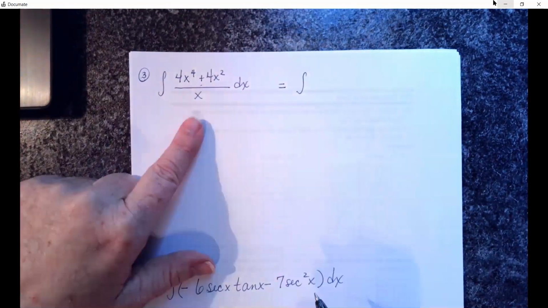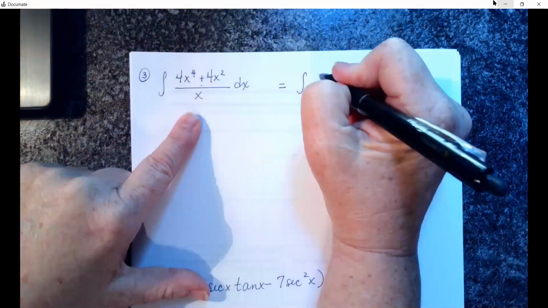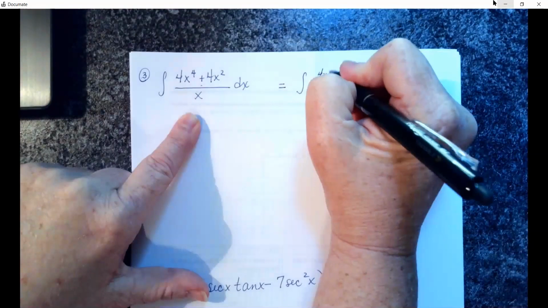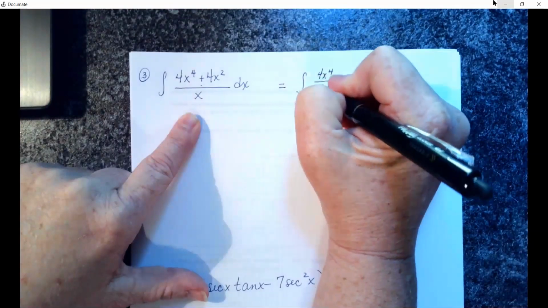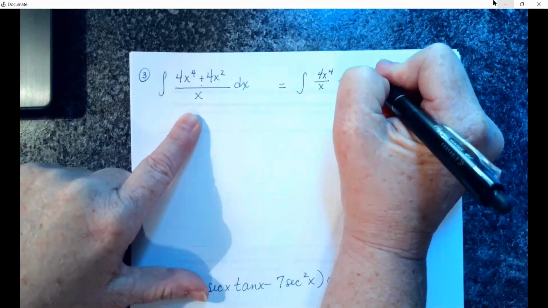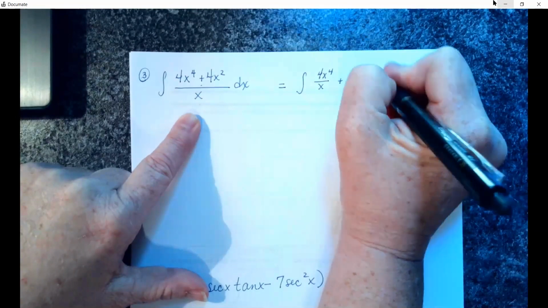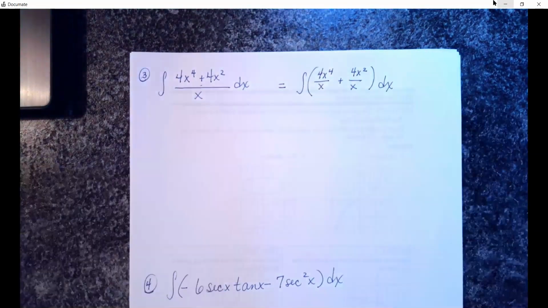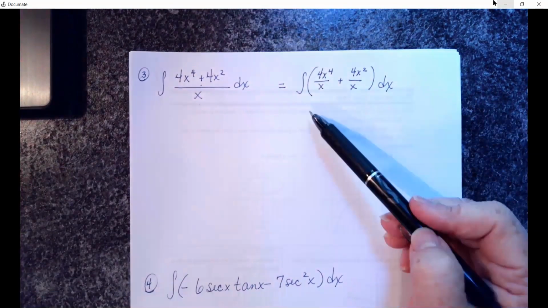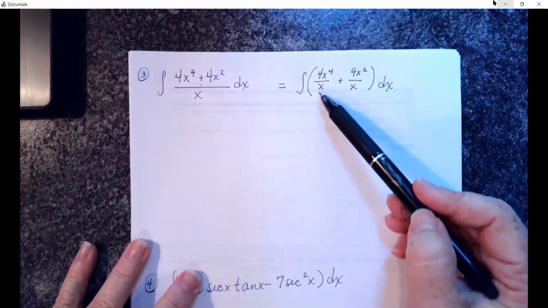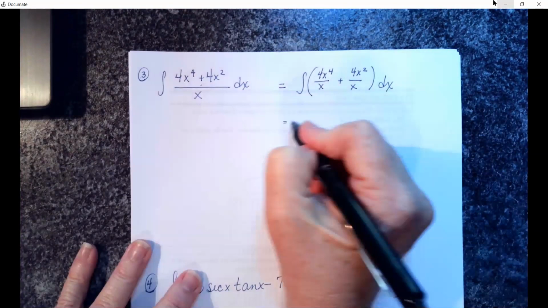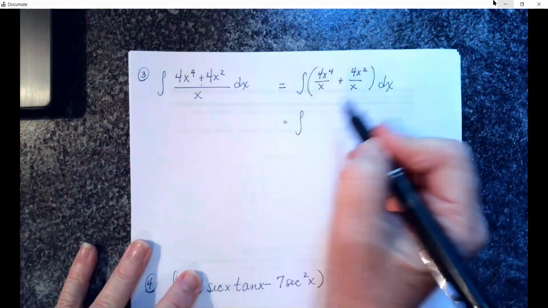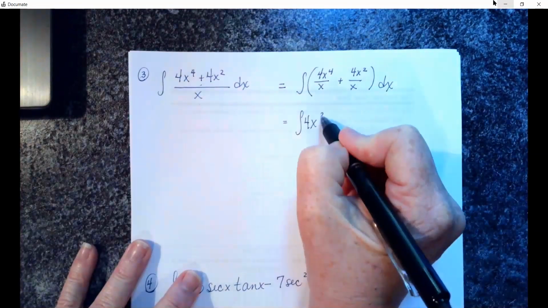So this fraction is the same thing as 4x to the fourth over x plus 4x to the second over x, dx. And what's nice about this form is now I can cancel out an x. So this would be the integral of 4x to the third plus 4x.